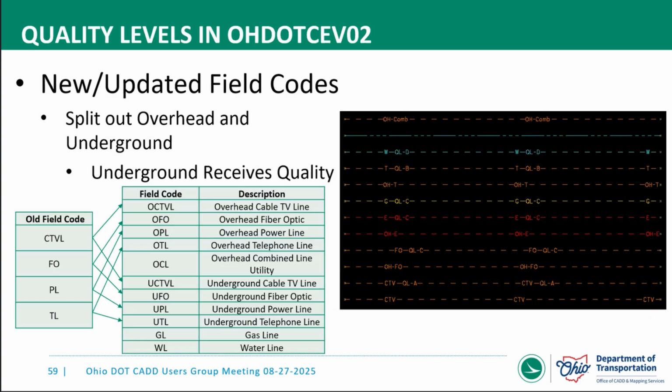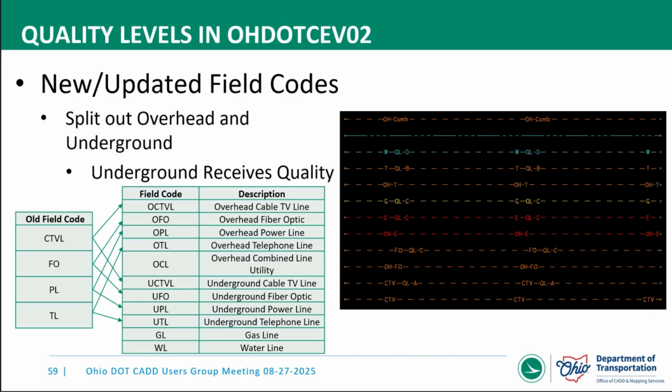Now there's an O added to the front for overhead and a U added to the front for underground. We did not do that for gas or water lines. We didn't feel the need for that. You'll notice that we have those codes, but there's nothing showing the quality level. So how is it going to do that?